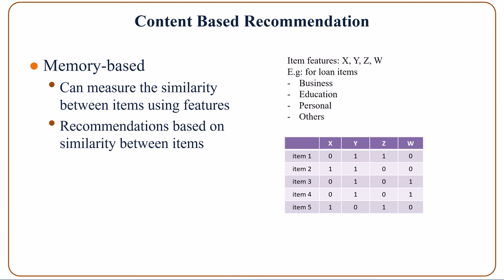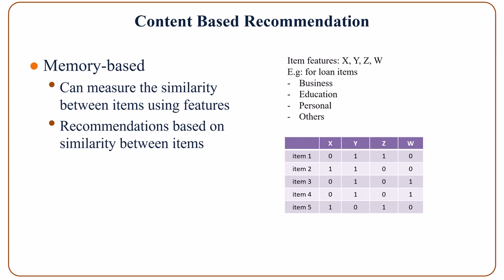We first talk about content-based recommender systems. In the memory-based approach, we can measure the similarity between items using features, and then provide recommendations based on the similarity between items.